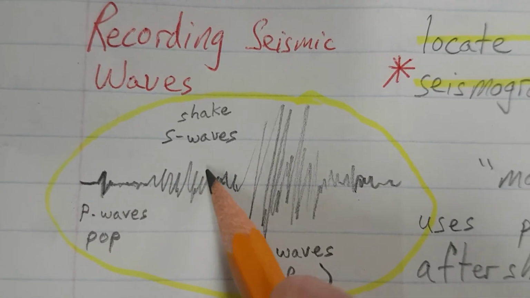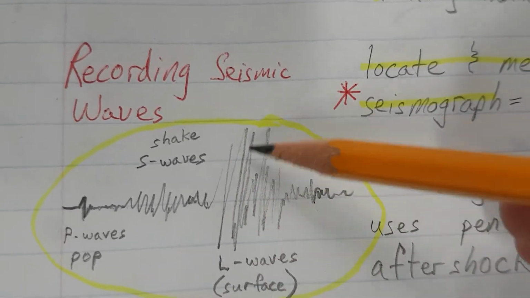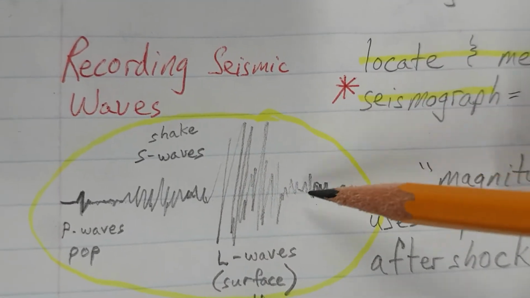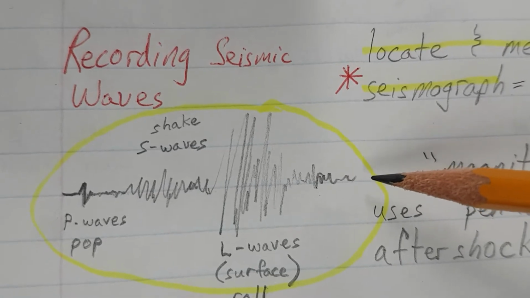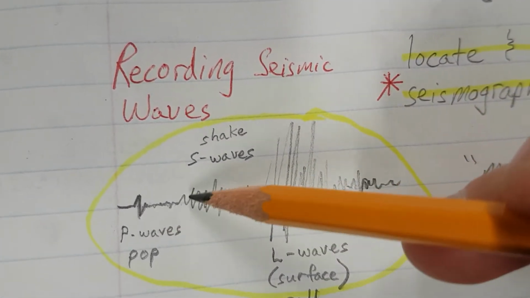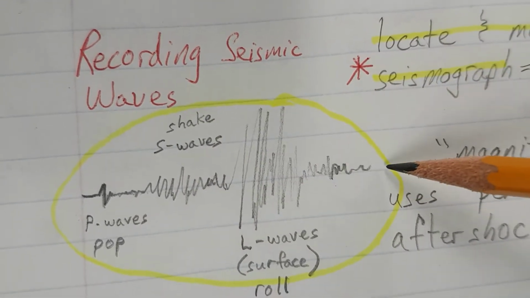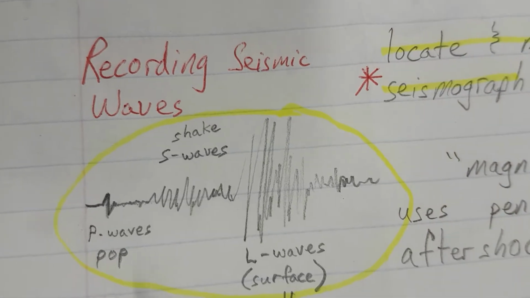Then this whole section here has some bigger squiggles. And then this section over here has really big squiggles that eventually get smaller. Okay, so you want that initial jolt, slightly bigger waves, and then the biggest waves that peter out over time.